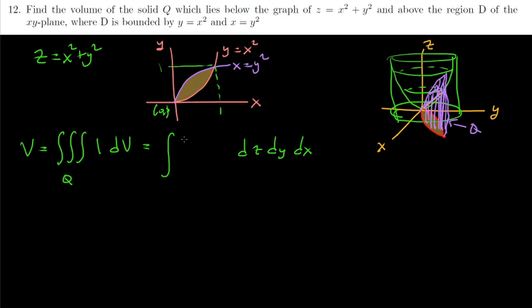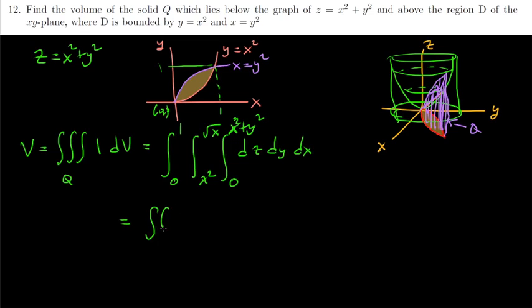So y goes from x squared to square root of x, and x just goes from 0 to 1. And z goes from the xy plane, which is z equals 0, to z equals x squared plus y squared. That's the paraboloid. So that's one way to think of it.